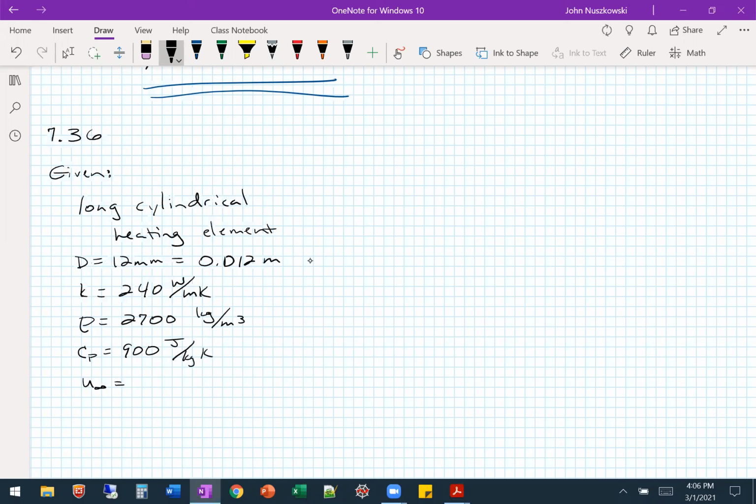U infinity of 8 meters per second. It's cross flow. Actually, this should be capital D. And then T infinity is 30 degrees Celsius.